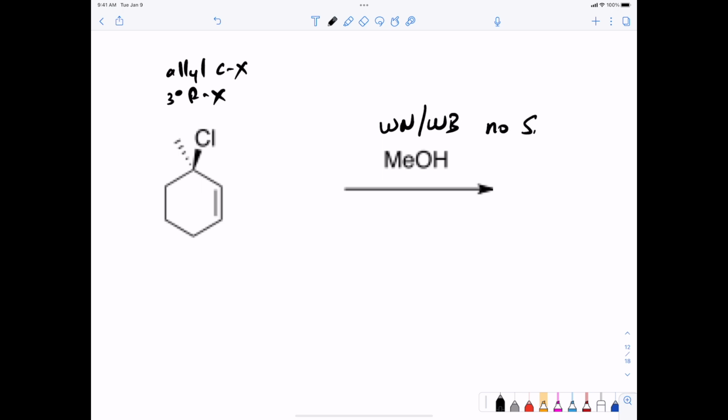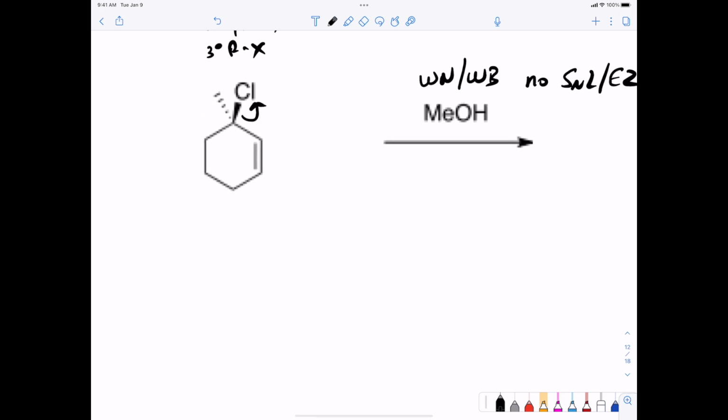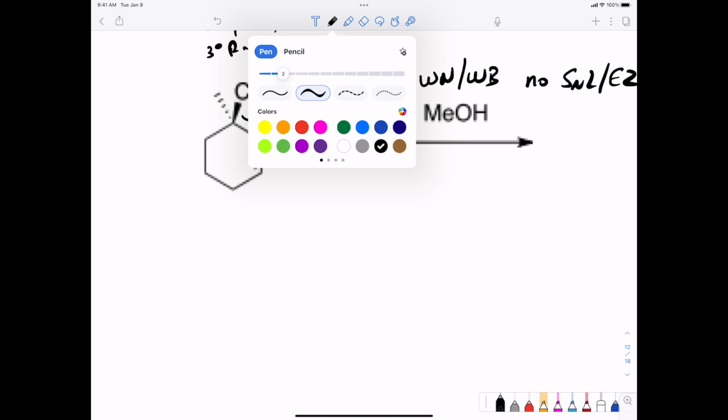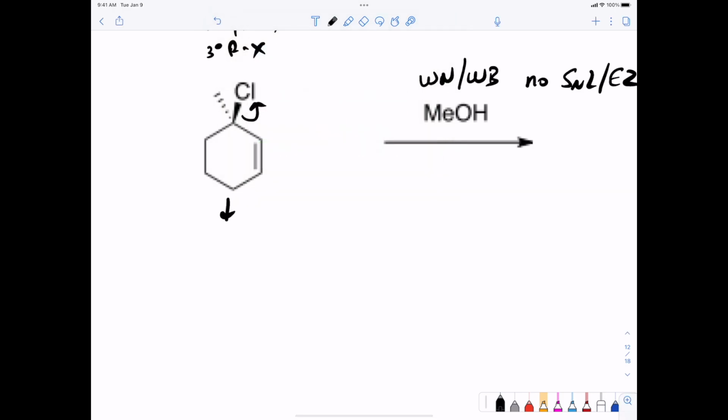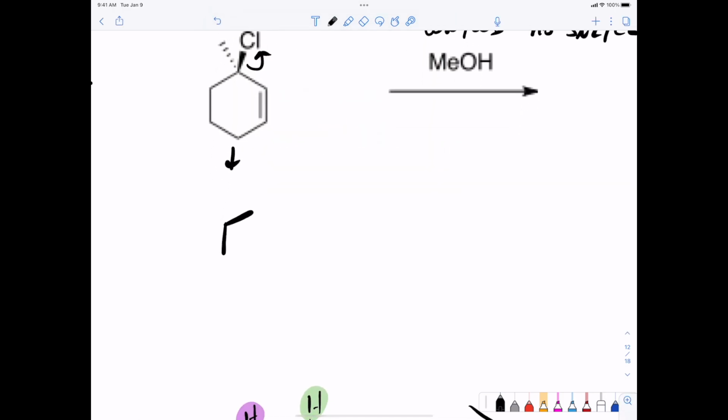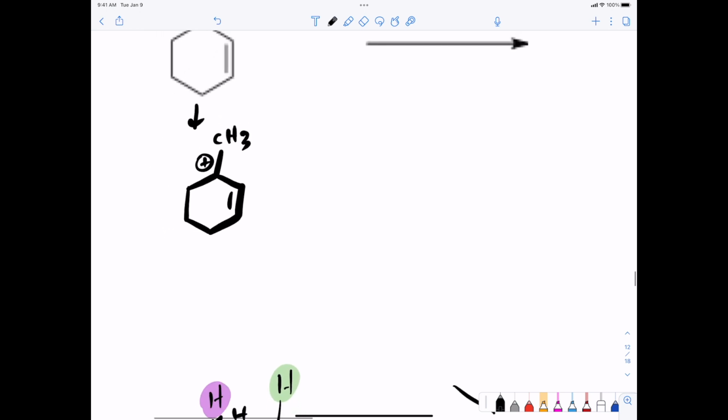That rules out SN2 and E2. So all that can happen is the leaving group leaves. Again, this is a boneheaded reaction because I had a chiral starting material and I just lost my stereocenter, which is why people typically don't do SN1 and E1 reactions synthetically, especially not in molecules with stereocenters. This carbocation is resonance stabilized.